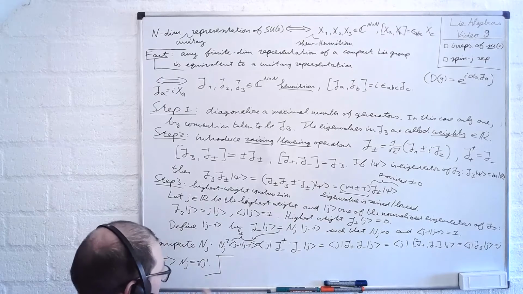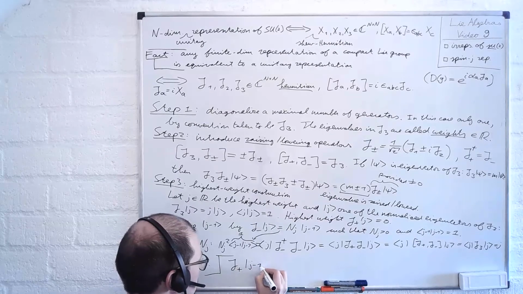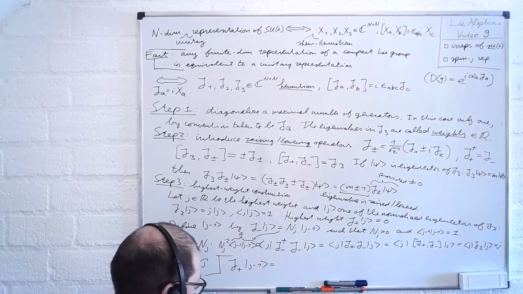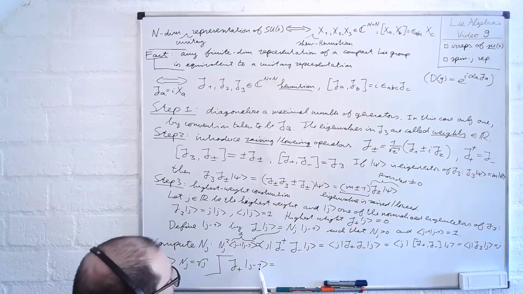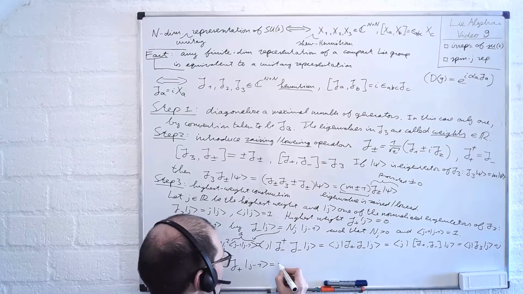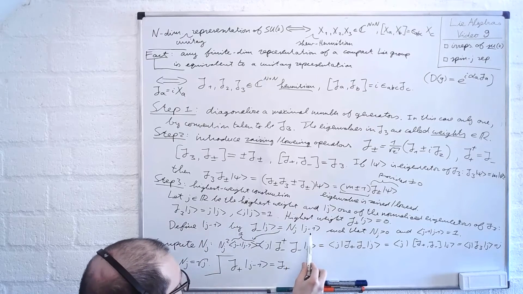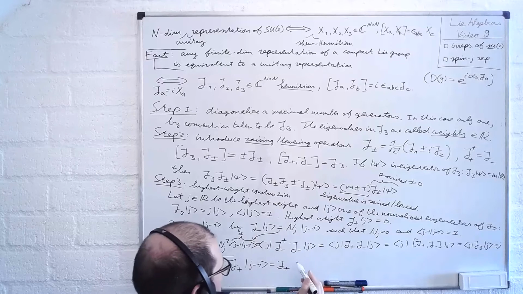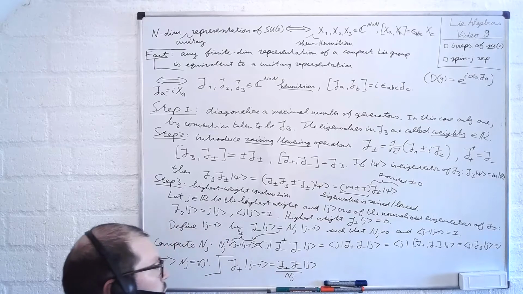Next step, let's check that if we act with J plus on |J minus 1>, we get something proportional to |J>. We can just put in our definition of what |J minus 1> was. So |J minus 1> was defined by this formula.